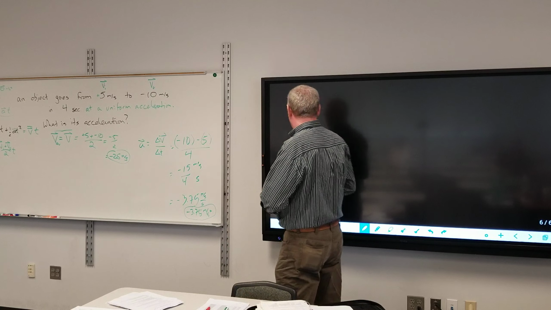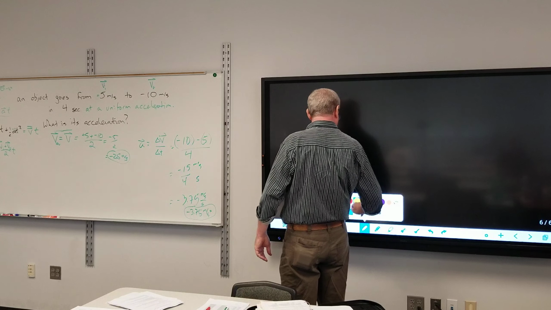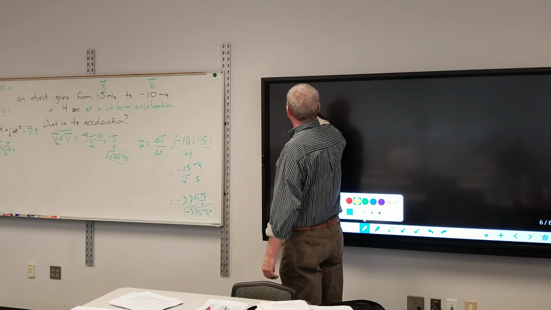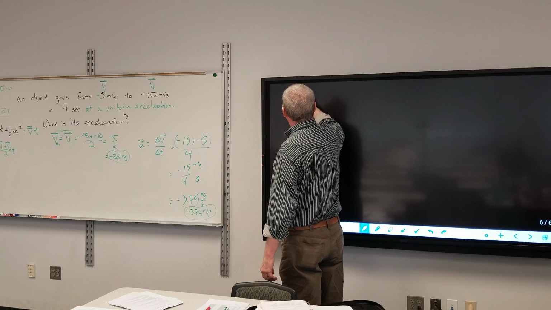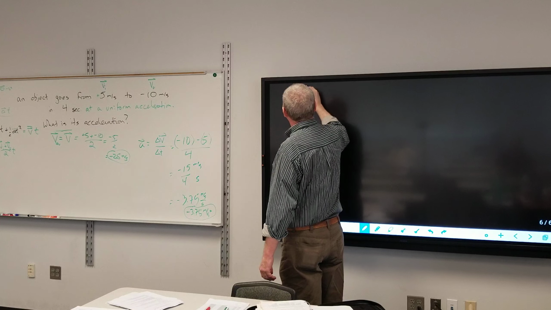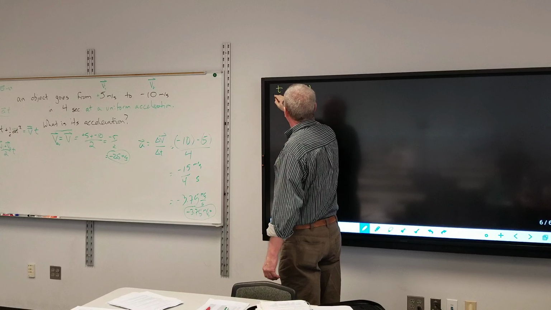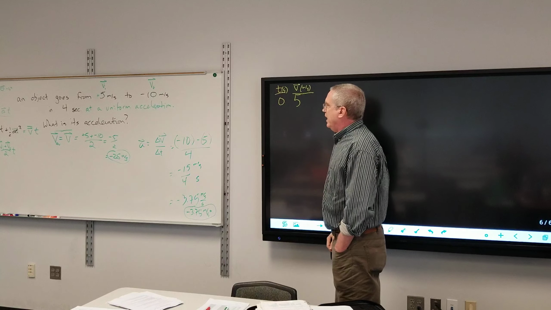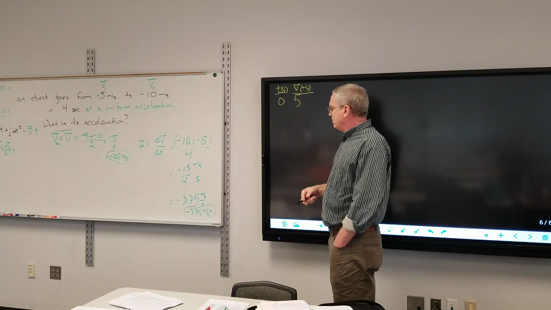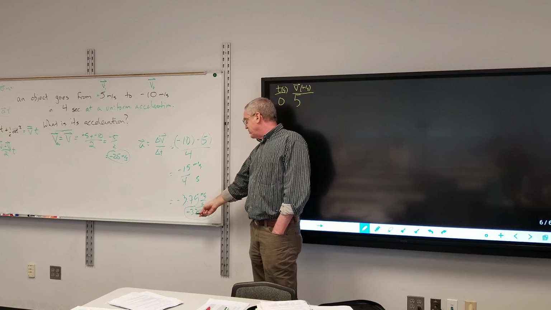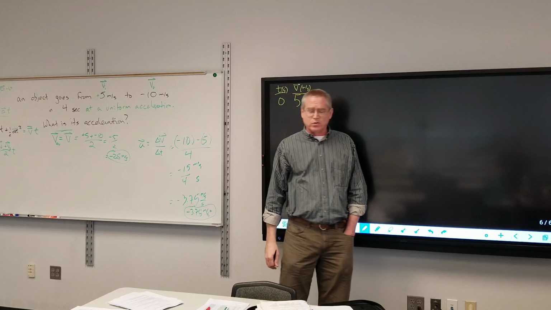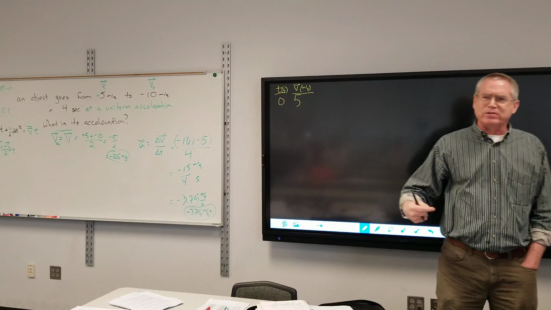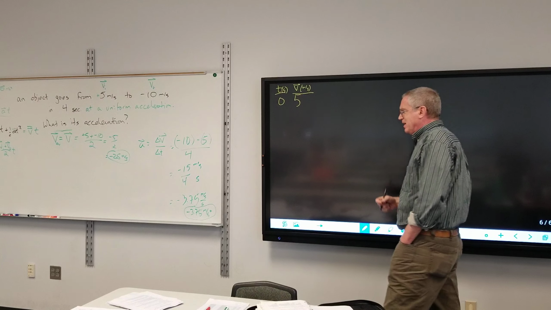we started out at 5 meters per second. So this is my velocity in meters per second, and time in seconds at 0. Throughout the whole thing, my acceleration is -3.75 meters per second squared, which means it changes -3.75 meters per second every second.